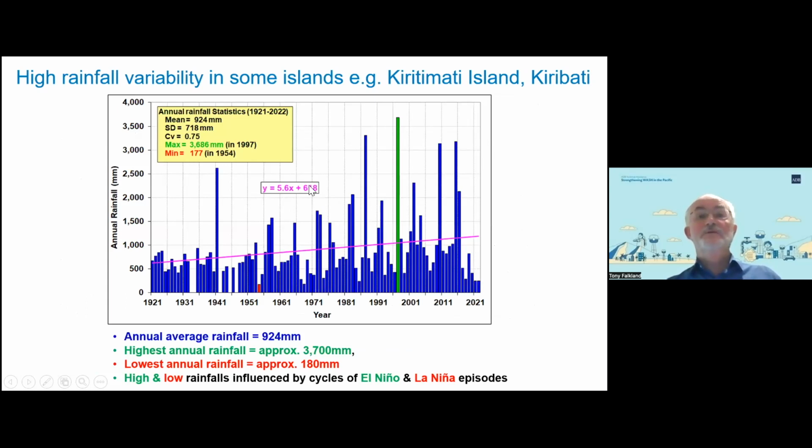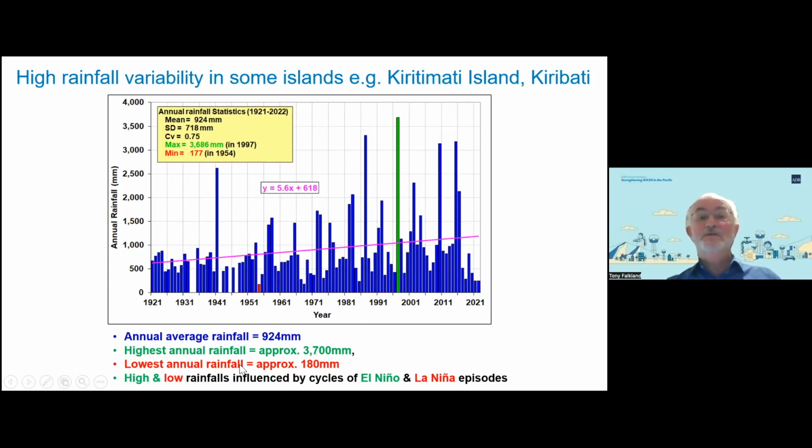Also, in terms of temporal variability, or over time, there's a high degree of variability in some islands. This example is from Kiribati, for the island of Christmas, where the histogram shows the variation over 100 years. Key features are that the average is about 920 millimetres, but the highest annual is approximately 3,700 and the lowest is about 180.